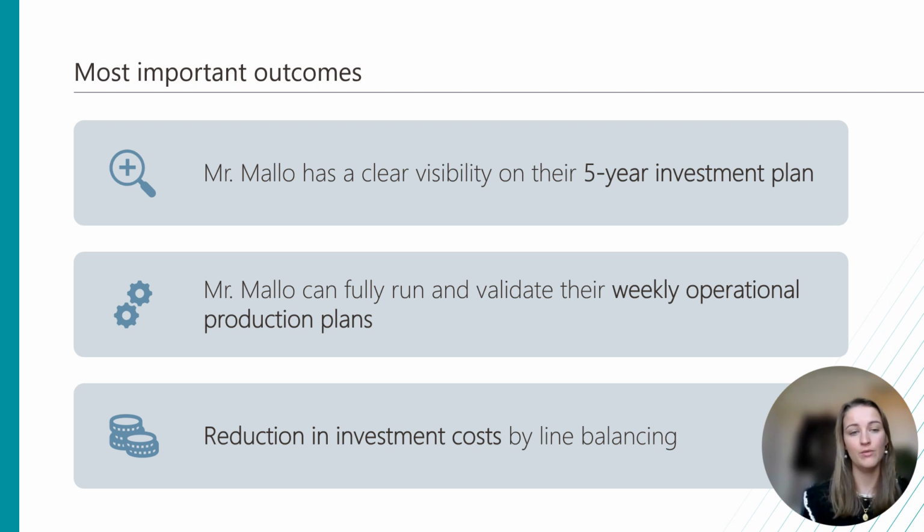But as we are able to upload the production plans within the simulation model, they are still using the simulation model every week. So at the start of the week, when there's a new production plan available, they are uploading it in the simulation model, and they are checking whether the planning is feasible or if they need to make some adjustments. So that's a very interesting outcome on top of this project as well.